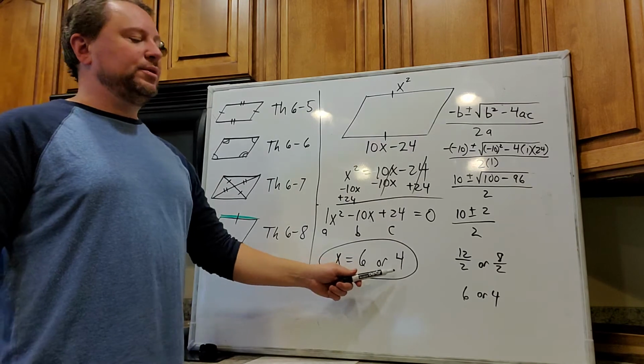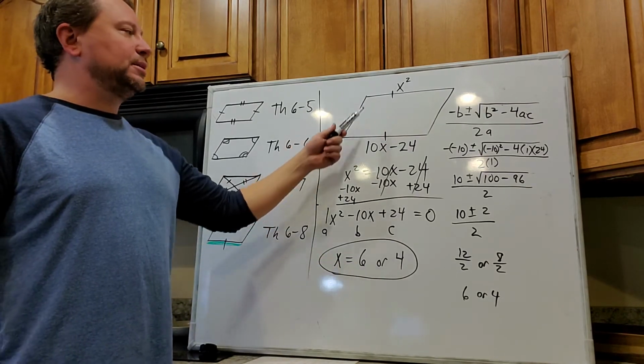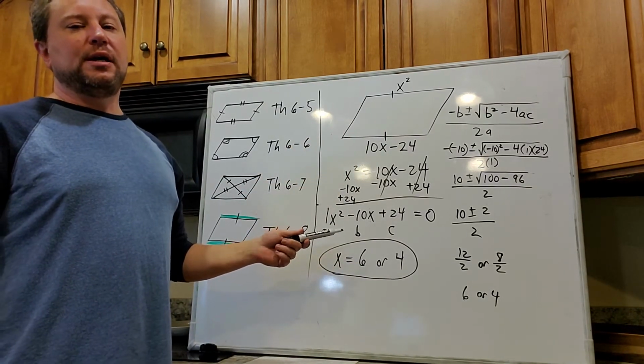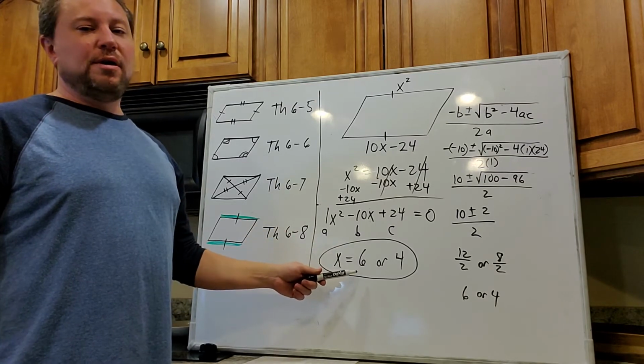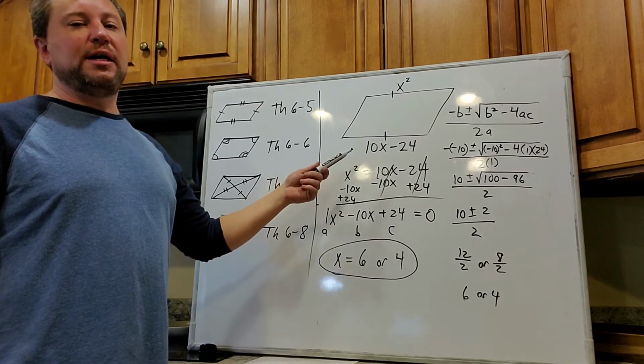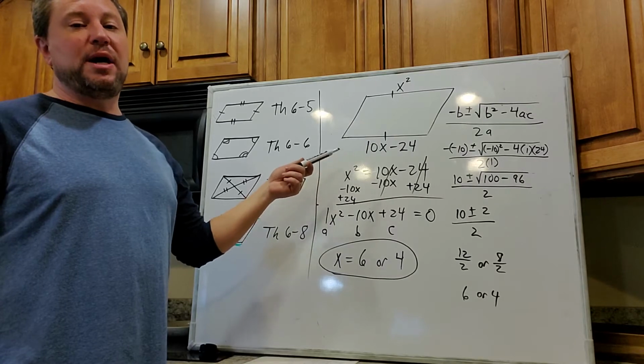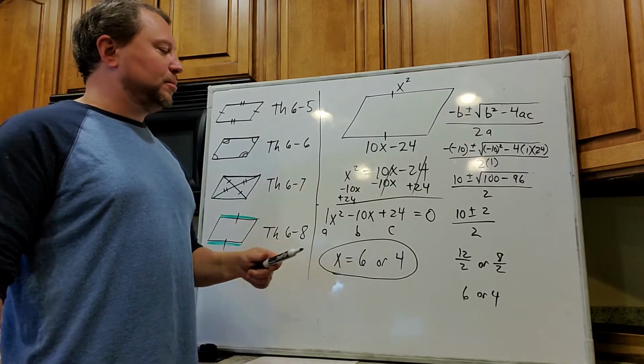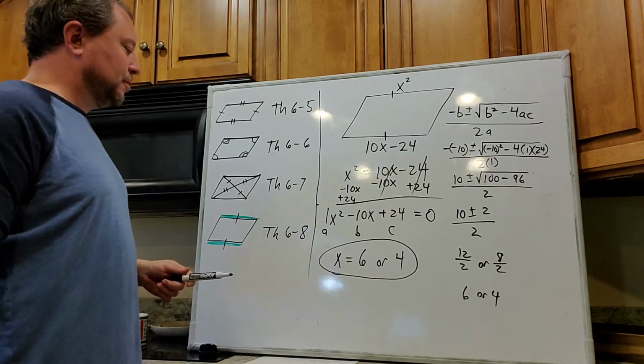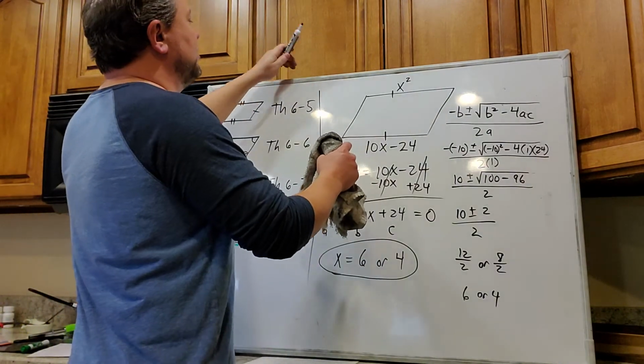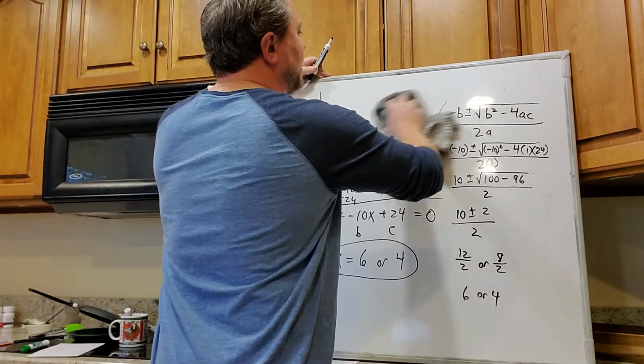And at the end, always double check both answers to make sure they make sense in the problem. Occasionally you get an answer that, when you plug it in, might give you a negative distance, so it's not possible. But always double check those. All right, so there's a little practice in the algebra problems.